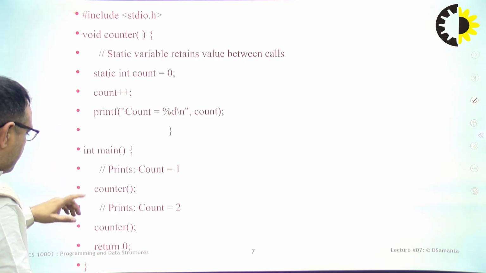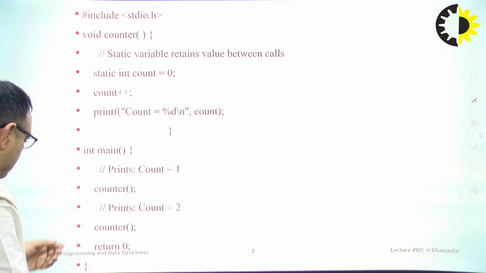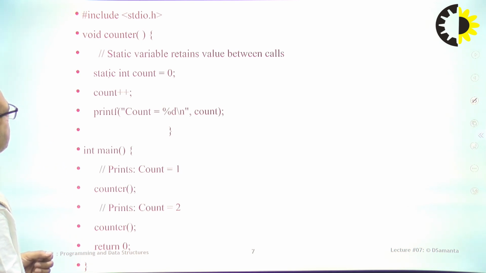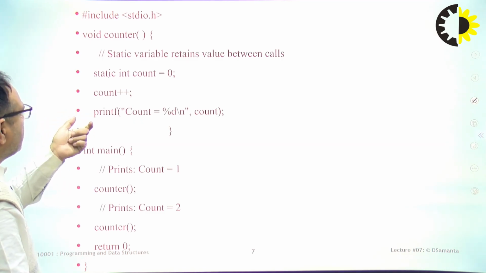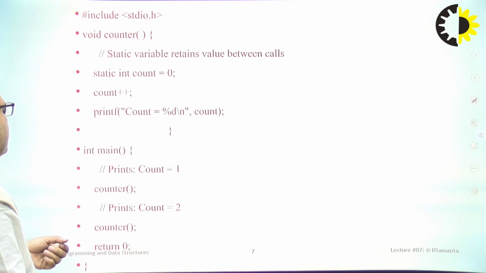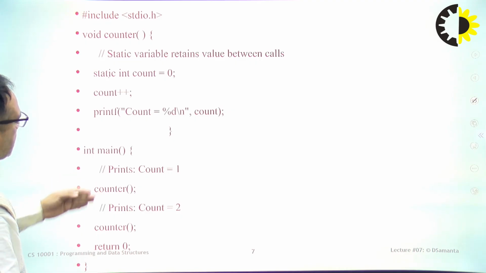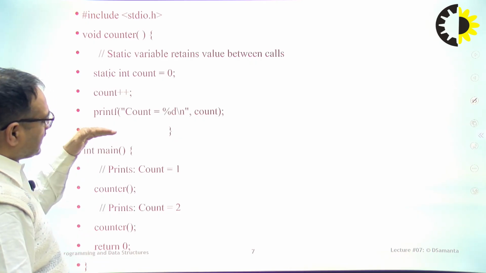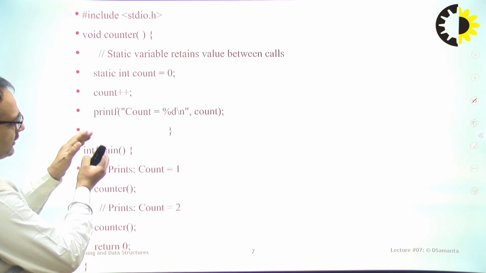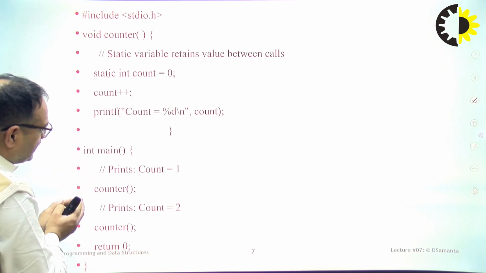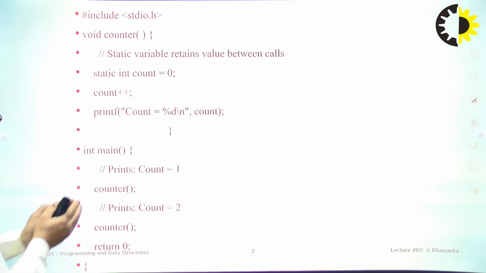When next time we go to the counter function for executing all the statements, the current value of count is 1, which we have already seen in the previous counter function call. Here count is the static integer variable. The value of count is 1, and it will be preserved in the variable. The value 1 is preserved in the variable.